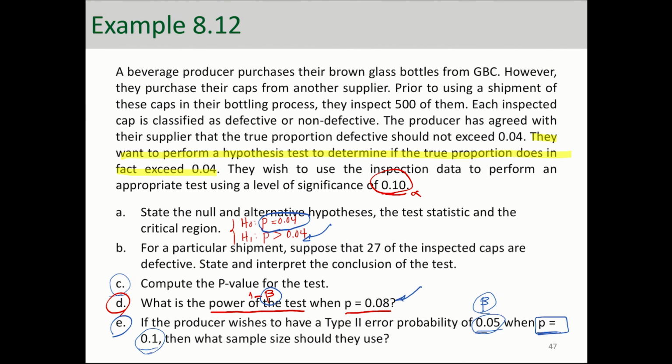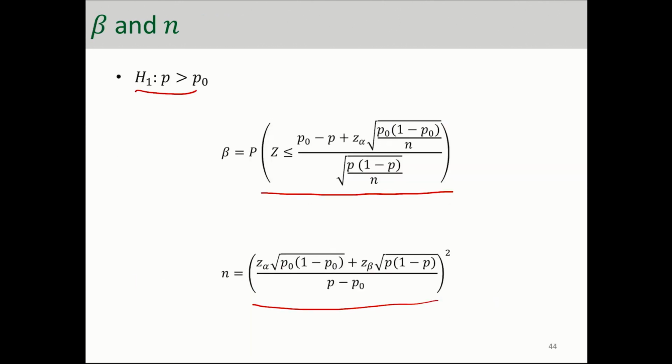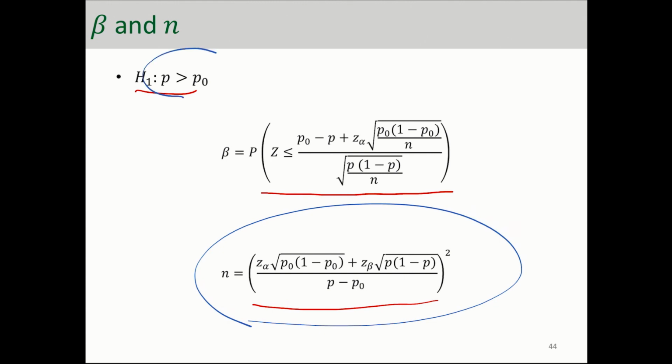Well, to calculate the sample size, again, if you go a few slides back, here's how you calculate the sample size when you have this type of test. Again, you have the P, in this case is 0.1, and P naught is 0.04. You have the beta, it's given to you. Now you can calculate the Z of beta. And the rest.